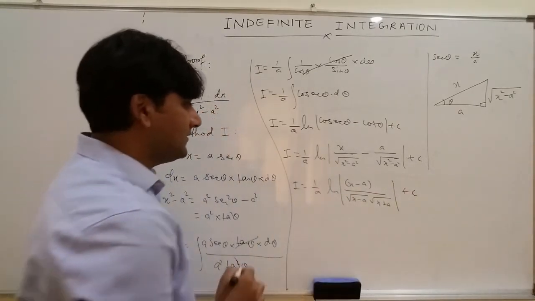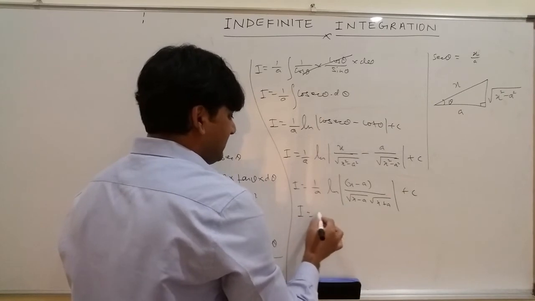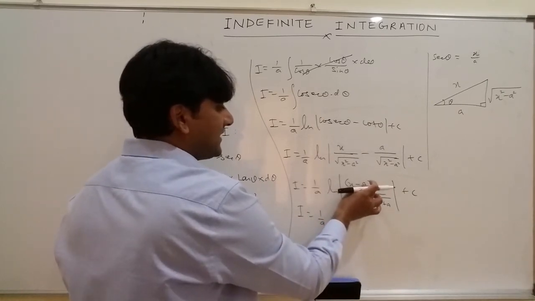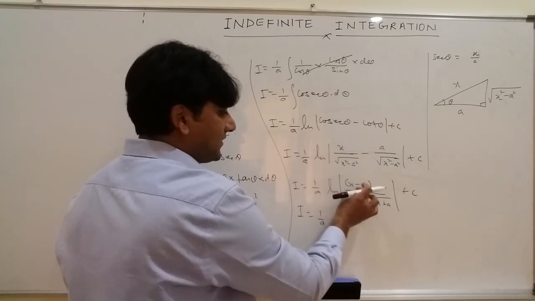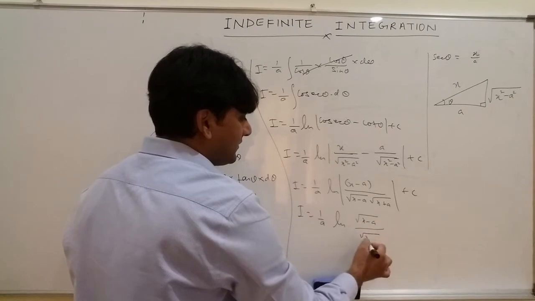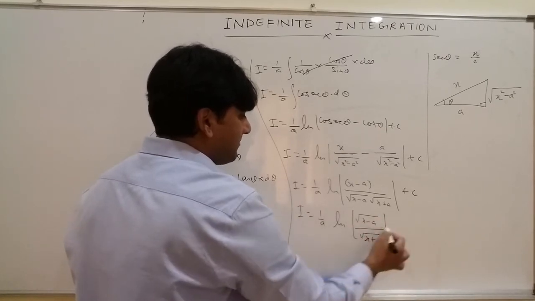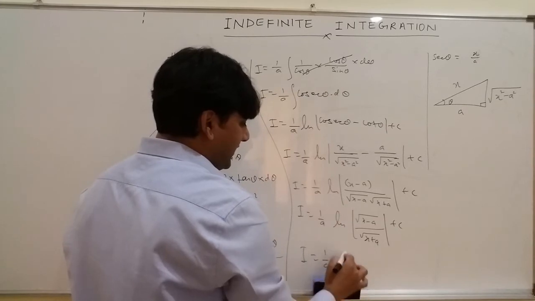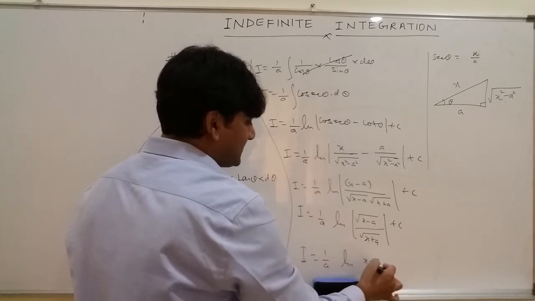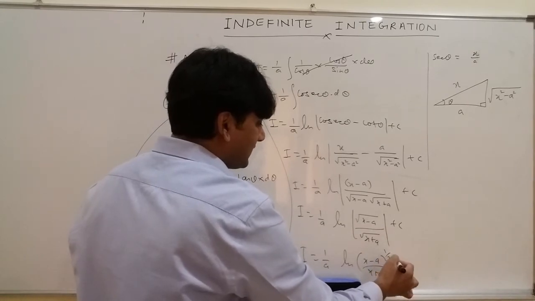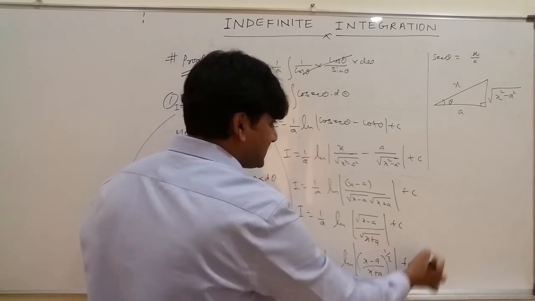Okay, then I will be 1 over a ln. This is x minus a and this is root x minus a. So if you cancel, then you will have root x minus a over root x plus a plus c. Okay, then again I will be 1 over a ln of x minus a over x plus a raised to half, mod, plus c.